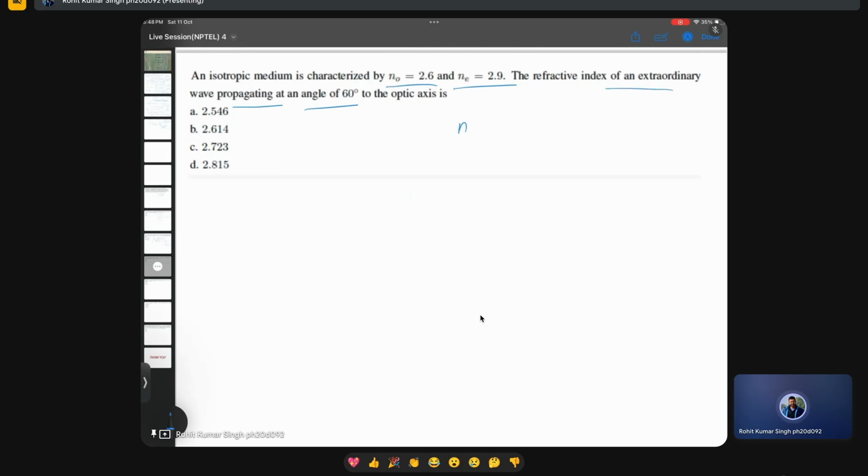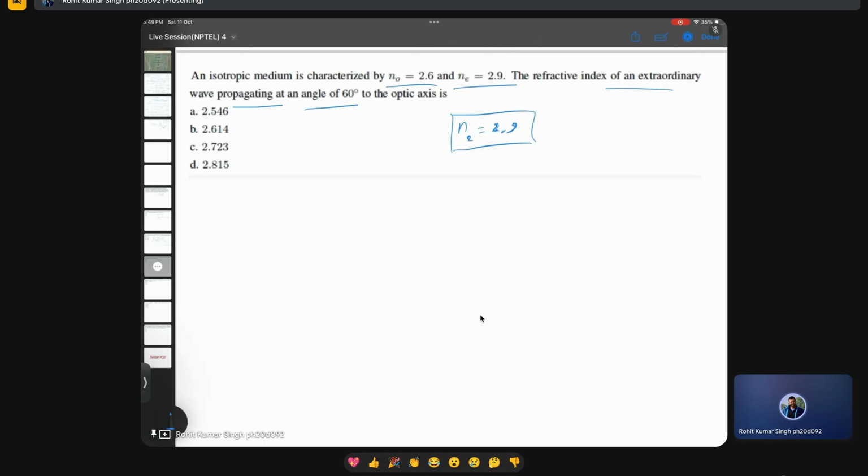Now, this problem might seem a little confusing. Here one refractive index is given, NE, which is 2.9. But this NE is the intrinsic refractive index of the medium.